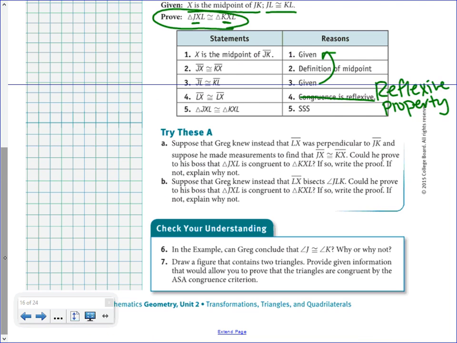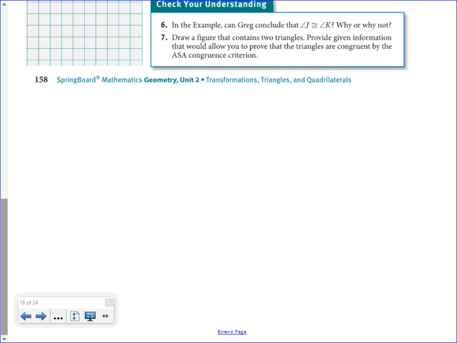So I'm going to come down here so that I have plenty of room. And I'm going to draw a new figure. So it's still using the same vertices, J, X, K, and L, but we're given different information.